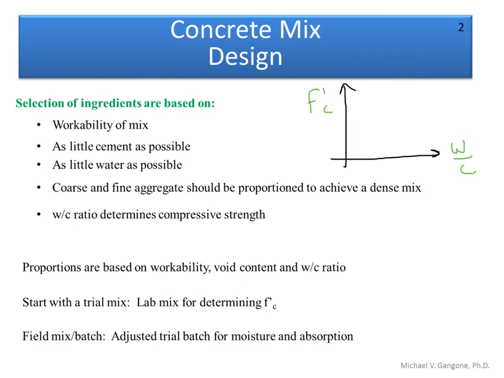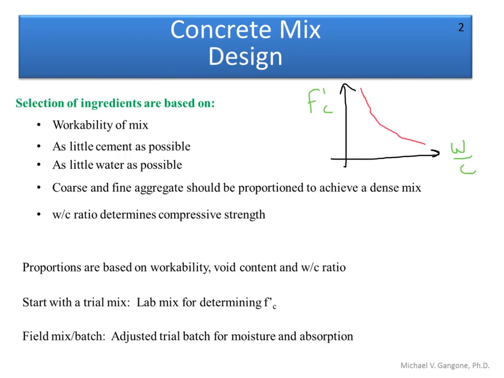You remember that as the water-cement ratio increases, the compressive strength of the concrete decreases. So as we add more water to the mix, yes, we can help make it more workable, but we also run the risk, of course, of reducing the overall strength. And that's where things like water-reducing agents or superplasticizers come in handy, in that we can add these admixtures to the concrete without having to increase the water-cement ratio to make it more workable.